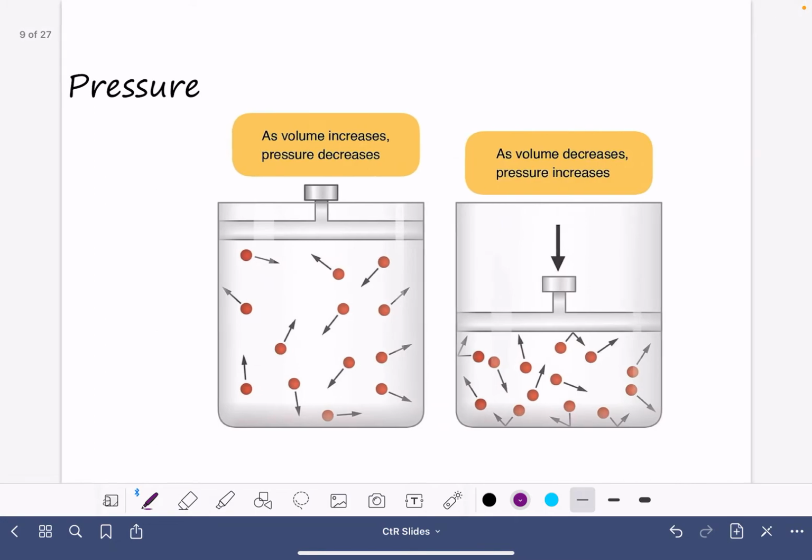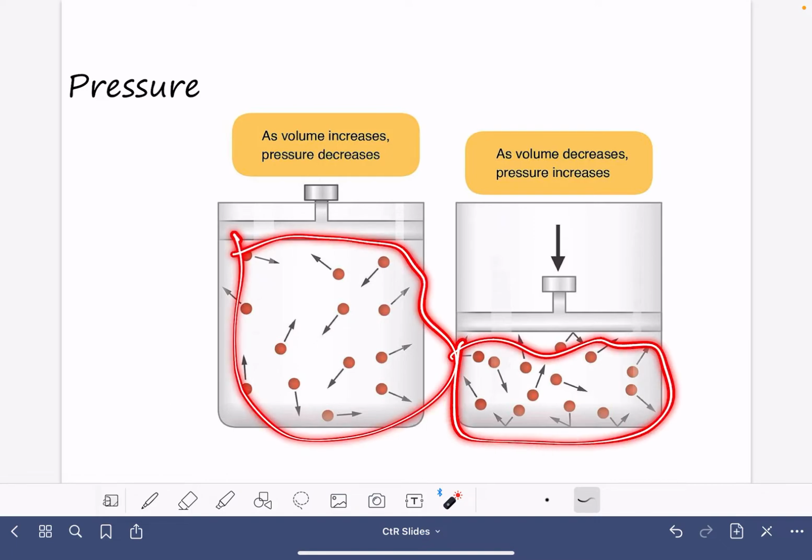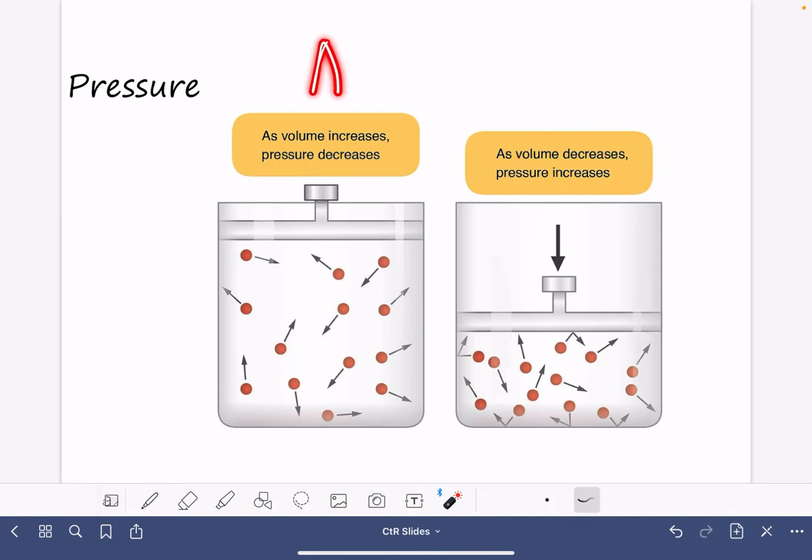Okay? Next, we're going to just look at pressure, and I only want to show you this to demonstrate a concept because actually we're going to be looking at the chemistry of gases in more detail in the next section when we look at molar volume. But for now, I just want to give you a quick overview of what pressure is. We're talking about the same number of particles, so if we were to count these up, it's the same number as in here, but in this, if we call this A and this B, in B, they've got less space that they can take up, so the volume available is less.